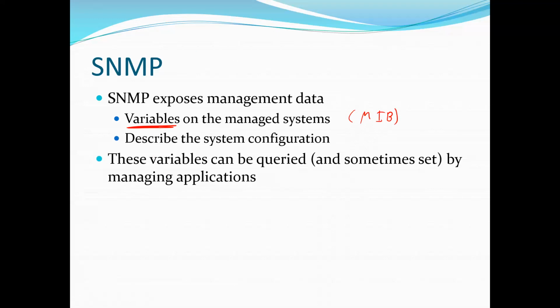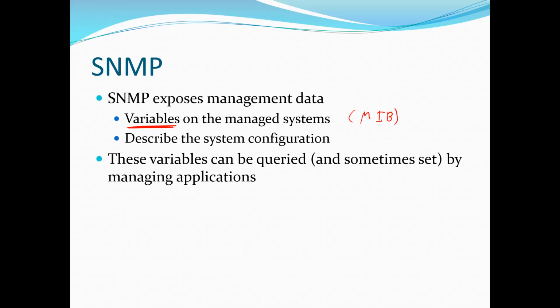It's got another meaning, but that's the name of the data structures. All information is referred to as a variable in a system. The MIBs are data structures that, for, let's say, Linux Ubuntu 1604, define a template of all the variables that you can query via SNMP in Linux Ubuntu 1604 or 1804.